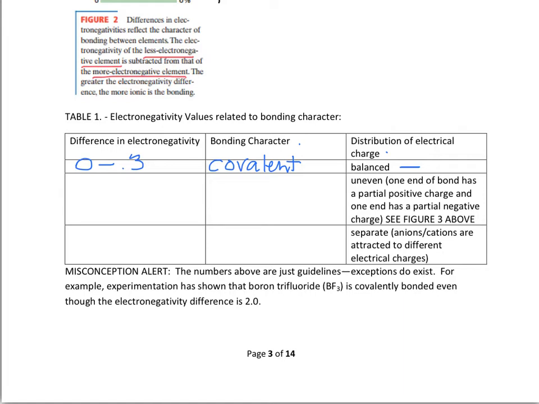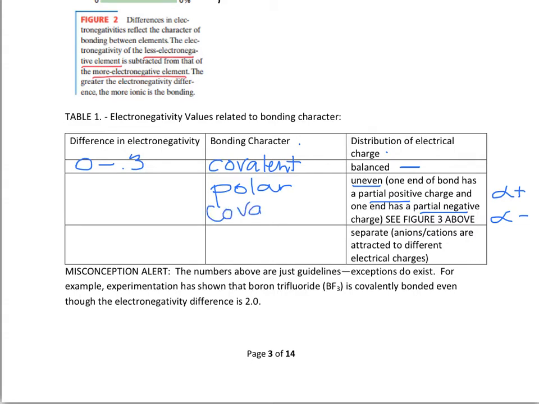Okay, the next one, if it's got an uneven distribution of electrical charge, then one end has a partial positive and one has a partial negative. If you'll remember, that looks like this. And we talked about that last time. That is also a covalent, but it is a polar covalent because it has poles.